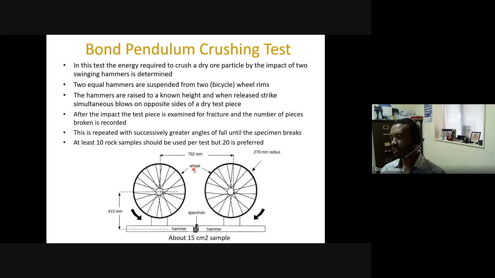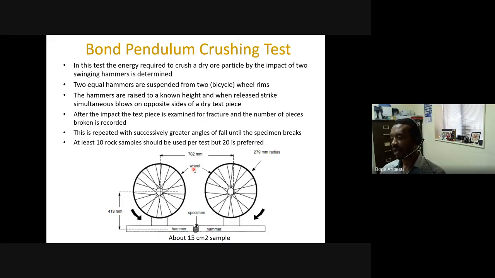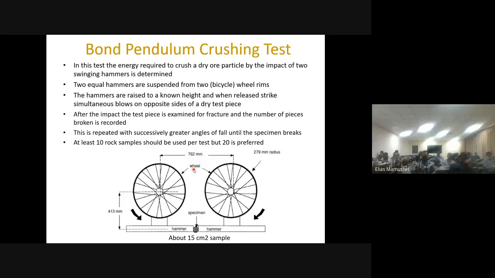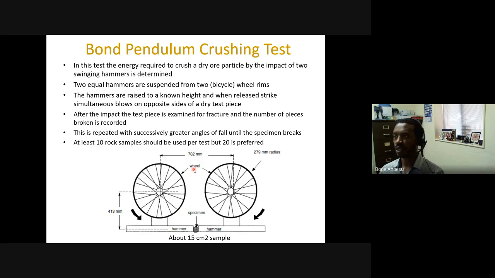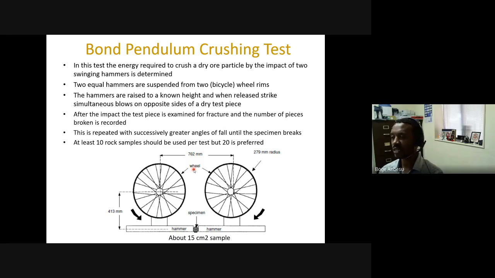So basically you will lift the hammer, and you put the sample in between them. And these hammers are of specific size and the wheels are of specific size. They are at a fixed distance between them according to this Bond method. So Bond is the guy who came up with the method, so we'll just follow the method and apply the Bond pendulum crushing test.